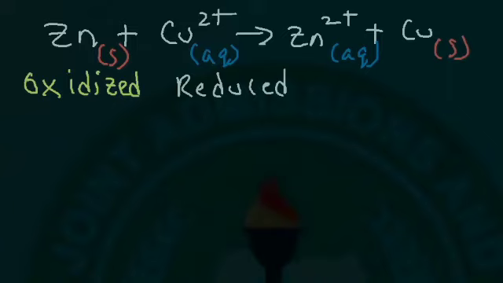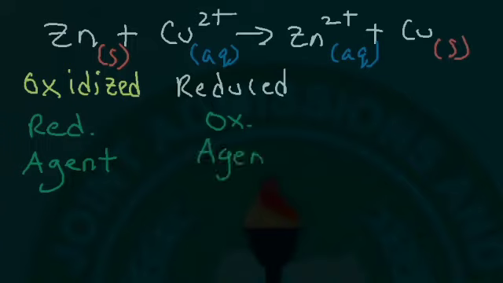Now the substance that is oxidized is also known as the reducing agent. And the substance that is reduced is also known as the oxidizing agent. The reducing agent is the one that causes the other substance to be reduced. So zinc is considered to be the reducing agent because it causes copper 2 plus to be reduced.